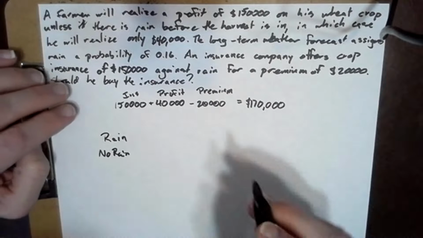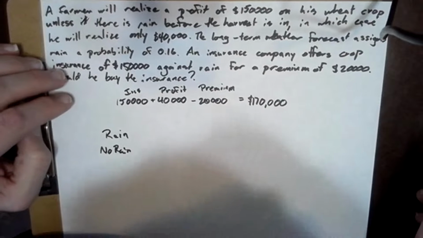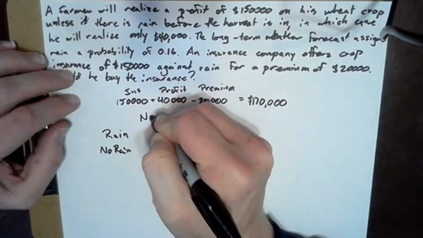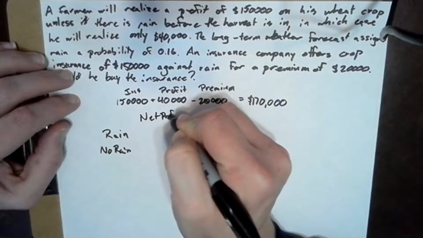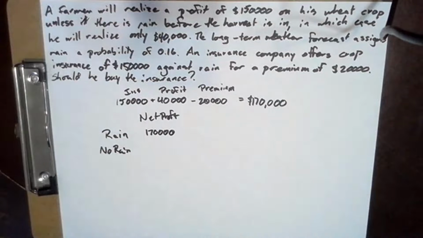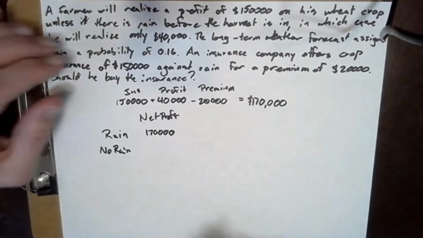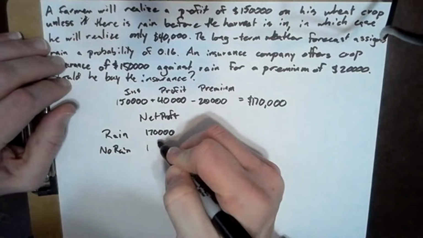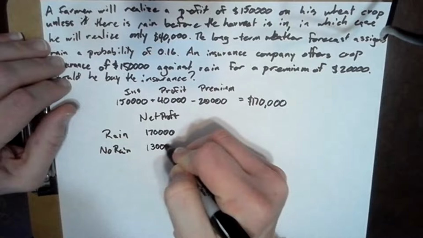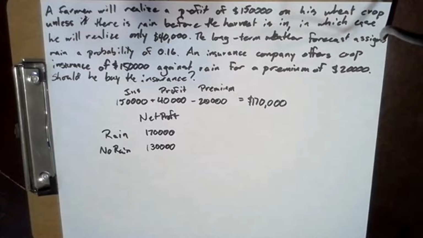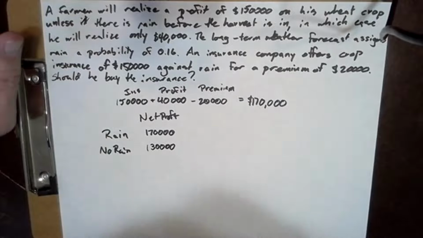Net profit is $170,000. Without rain, if it doesn't rain, the net profit is $130,000, since he'd be getting $150,000 for his profits and losing $20,000 for the premium.